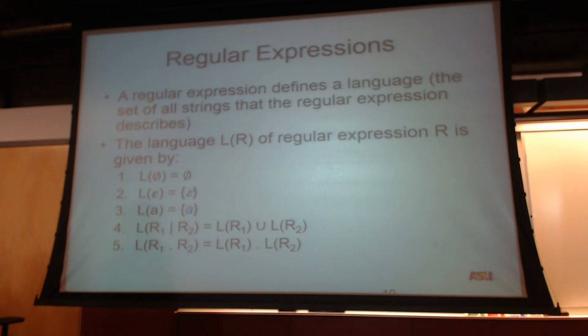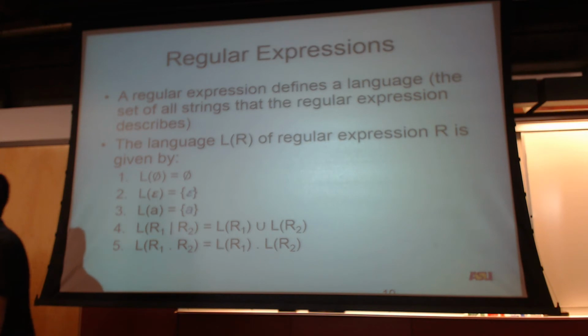Basically, do you know the Cartesian product of two sets? You take one element and another element and combine them, and that becomes one point, so all possible combinations. The dot is similar to that: the Cartesian product of the set L of R1 and the set L of R2. So these are the language rules.